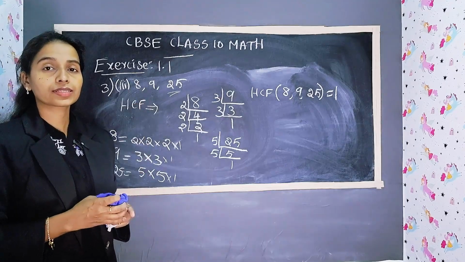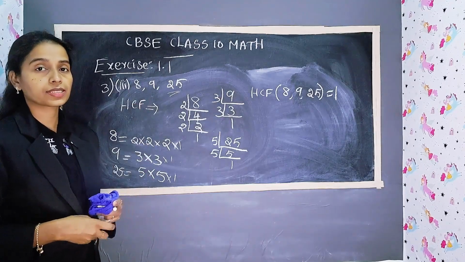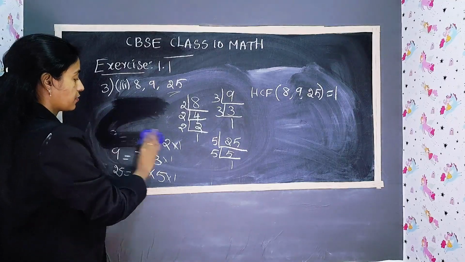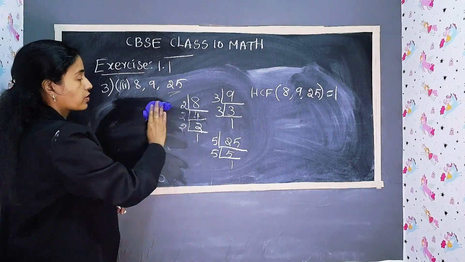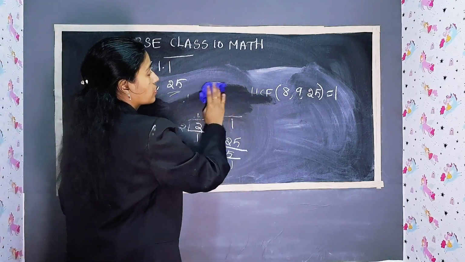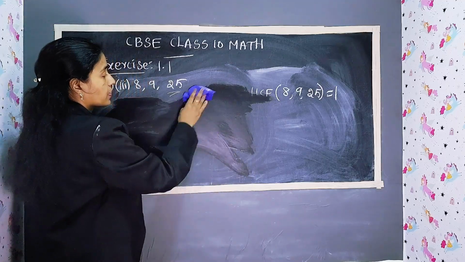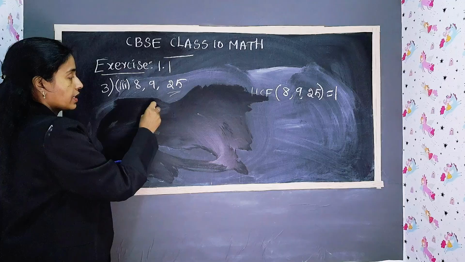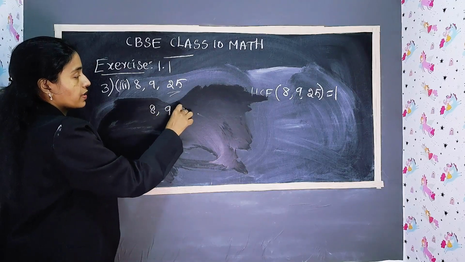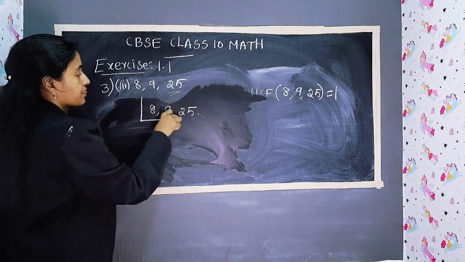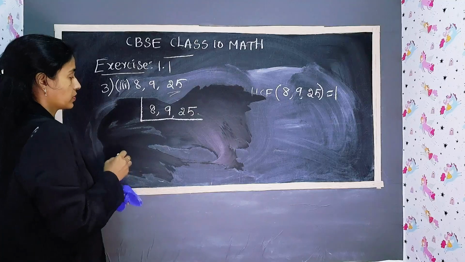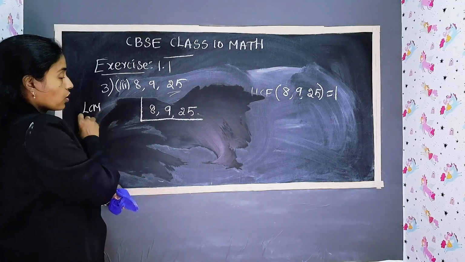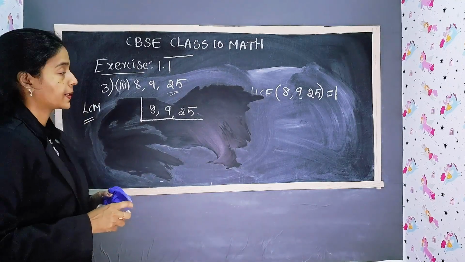And what would be the next thing? We need to find out the LCM, right? For the same numbers, we have to find out the LCM. For finding LCM, we can write all these three numbers together: 8, 9, 25. LCM, least common multiple.